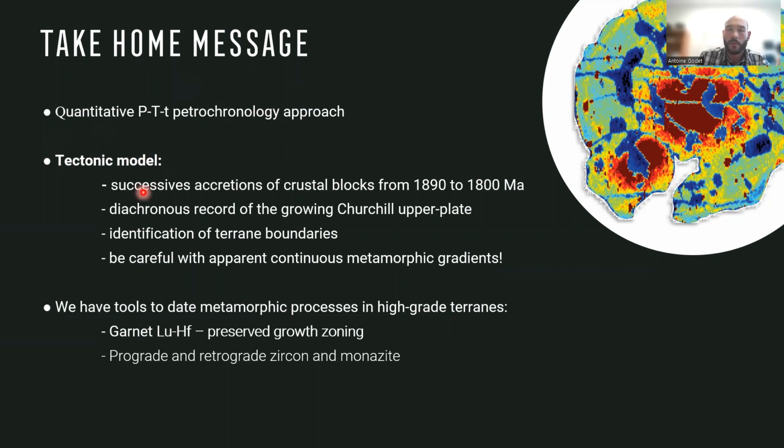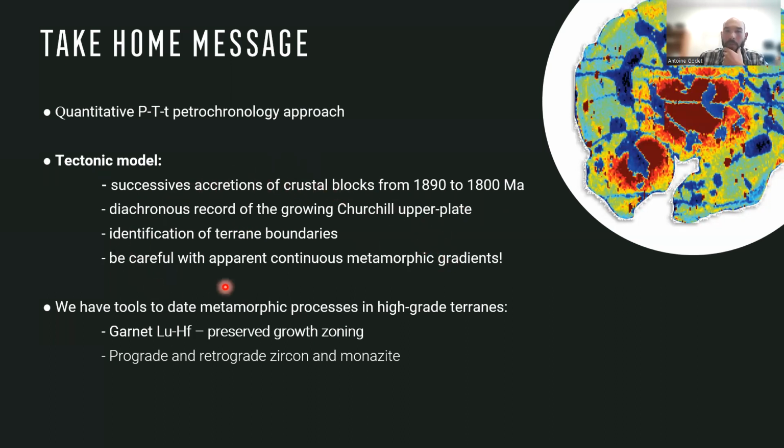So we think that this part of the Trans-Hudson did build as successive accretions of crustal blocks that started with the Tonga orogen at 1890 and finished at 1805 on the Superior craton. We're able to show a diachronous metamorphic record of the growing Churchill upper plate from east to west. We're able to point out the different boundaries in that specific part of the THO.